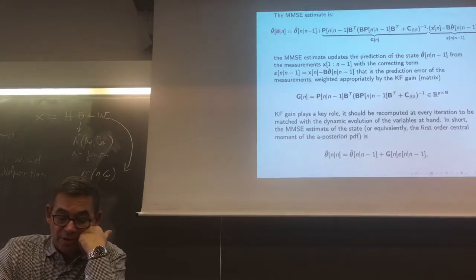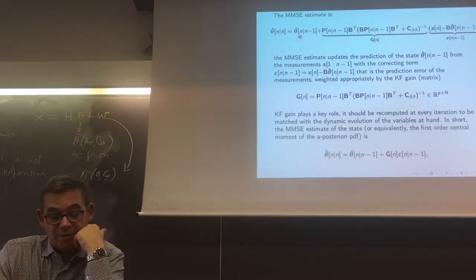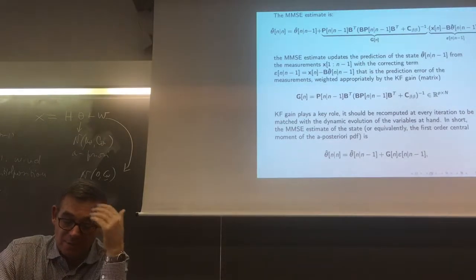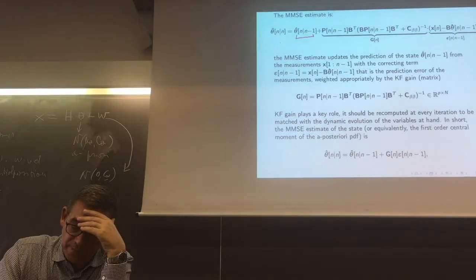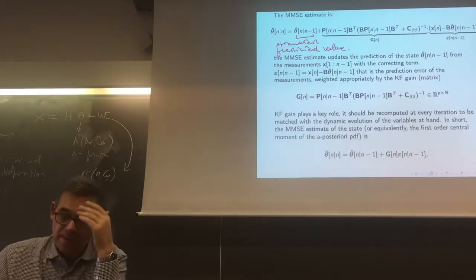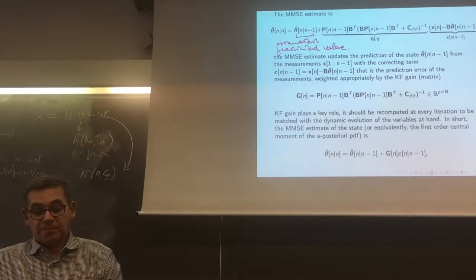Now, the theta MMSE is equal to the theta hat n minus 1. This one is the predicted value. So I take the predicted one.